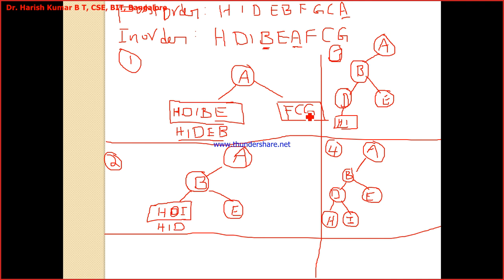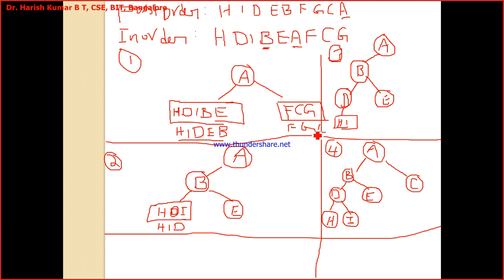There are only three characters here. First thing, you have to find out which is the root. Let me sequence this FCG as it is in the post order. So here I have it as FGC. Let me write it as FGC. So C is the last one. That means the right child for A is C. Get it?